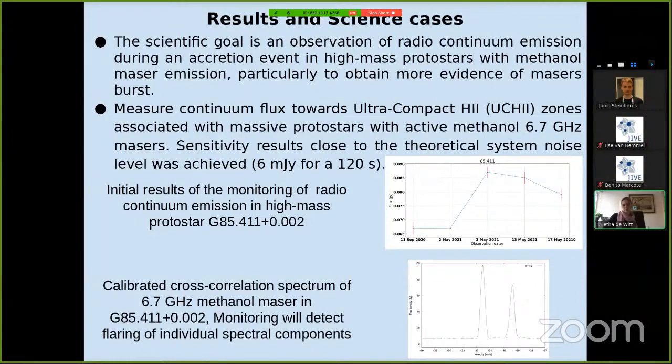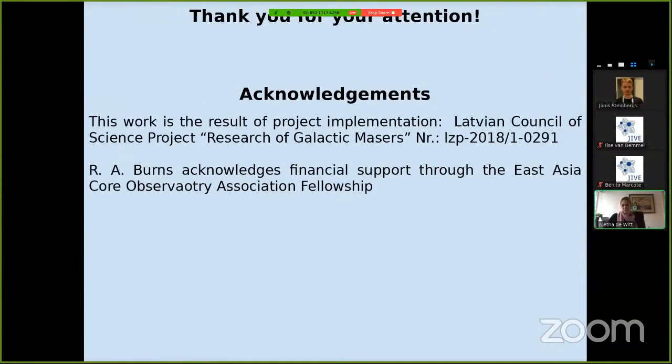And what you see here is 2 results. First is flux over time of a high mass protostar, and for the same high mass protostar you see the cross-correlated spectrum, and we expect to detect flaring of individual maser spectral components. And thank you for your attention.